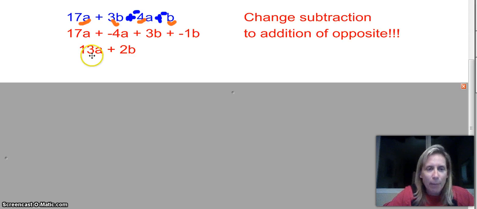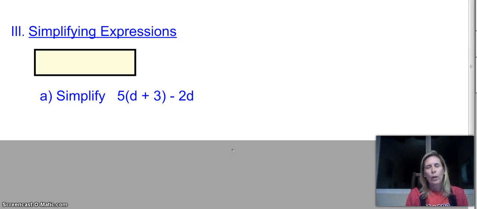If I have 13 apples plus 2 bananas, I do not have 15 bananas. I have 13 apples and 2 bananas. They are separate things. Okay, so make sure you keep them separate if they do not have the same variable to the same degree.